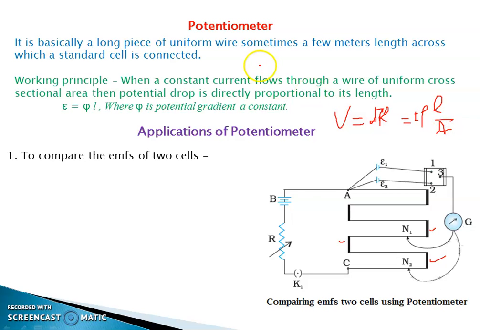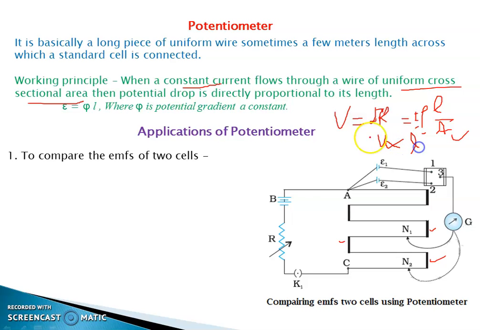Now see the statement: uniform cross-sectional area. It means A is constant. Constant current is flowing, so I is also constant, and rho is always constant. It means V is directly proportional to length.